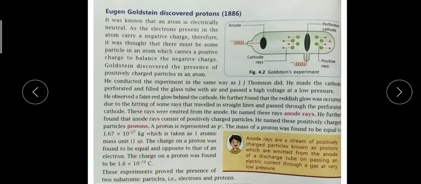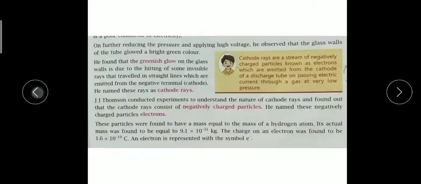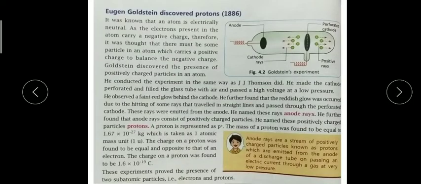So this discharge tube experiment shows that electrons are negatively charged, which is shown by the greenish glow, in the experiment done by J.J. Thomson, and E. Goldstein found the faint red glow behind the cathode.